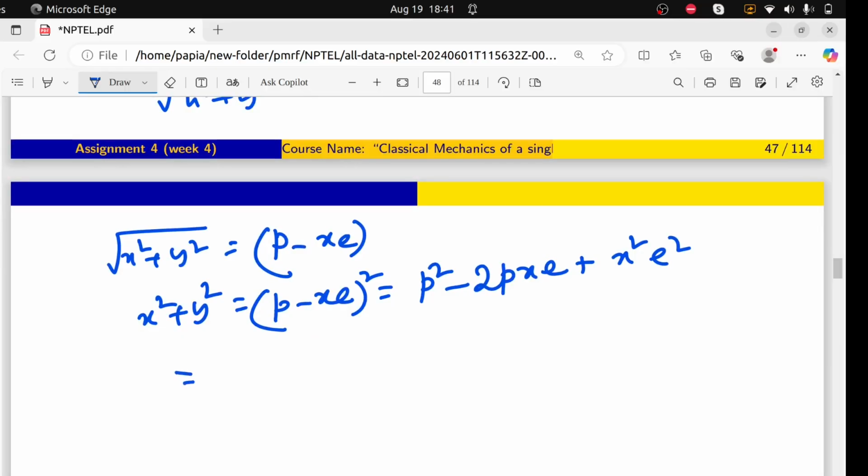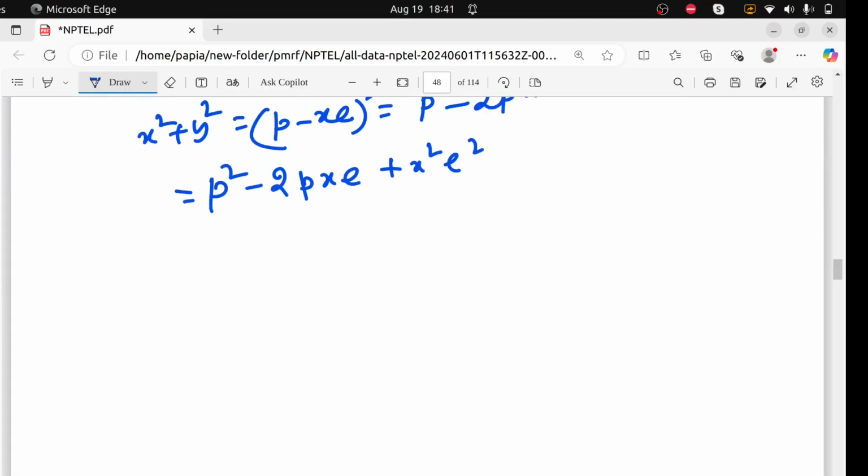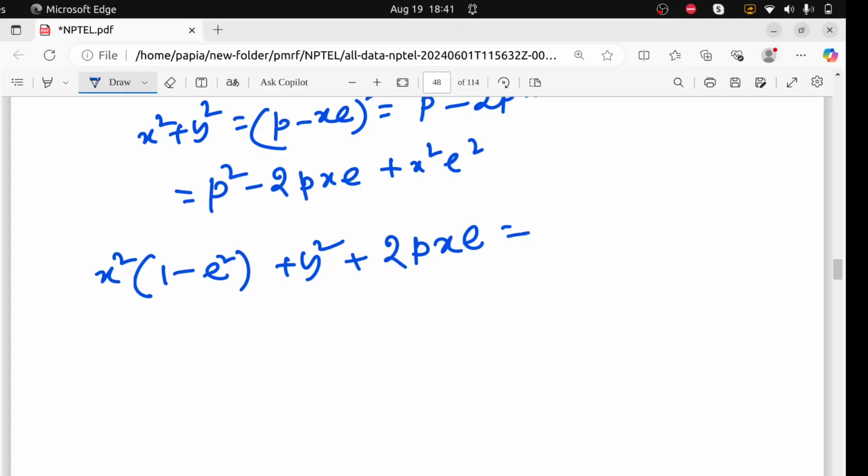So p square minus 2pxe plus x square e square. I can do one thing here: x square times 1 minus e square plus y square plus 2pxe equals p square. This one I can do. Yes? Okay.